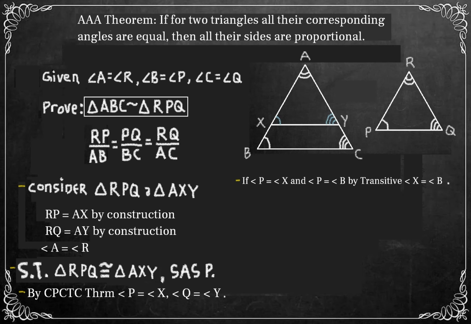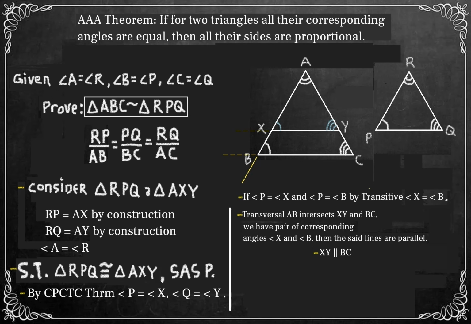Hence, if angle P equals angle X and angle P equals angle B, then by the transitive property, angle X must equal angle B. Now we refer to the definition of a transversal in geometry, which states a transversal is a line that intersects two or more other lines at distinct points. These lines being intersected can be parallel or non-parallel.